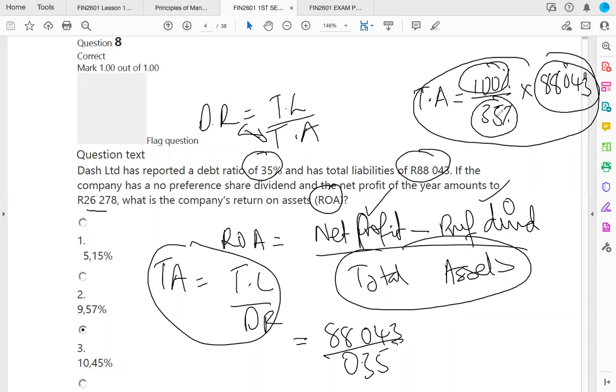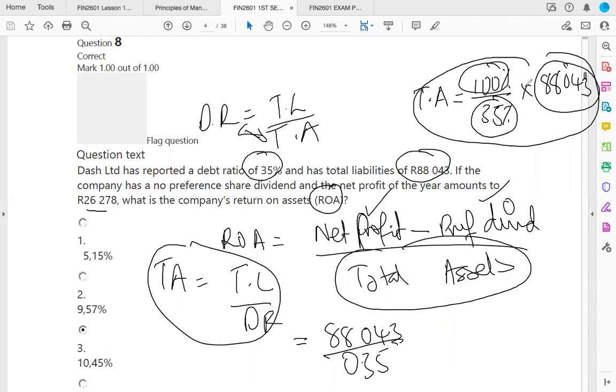So if you say 100 divided by 35 times 88043, you will get the same answer as if you just say 88043 over 0.35.